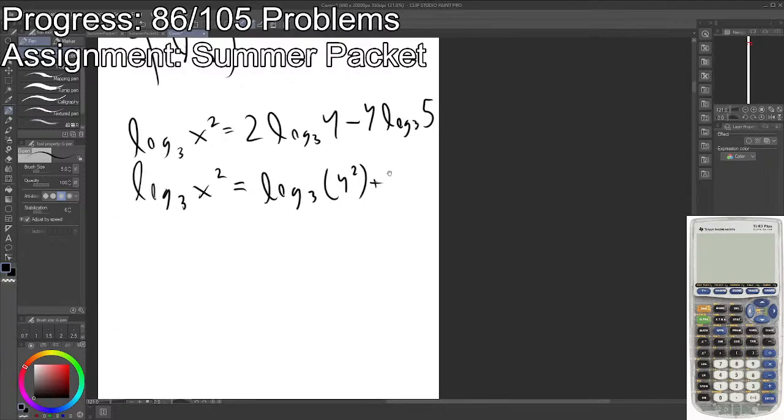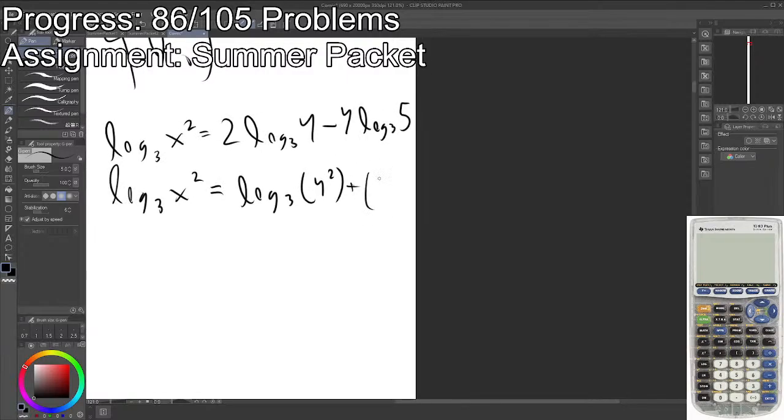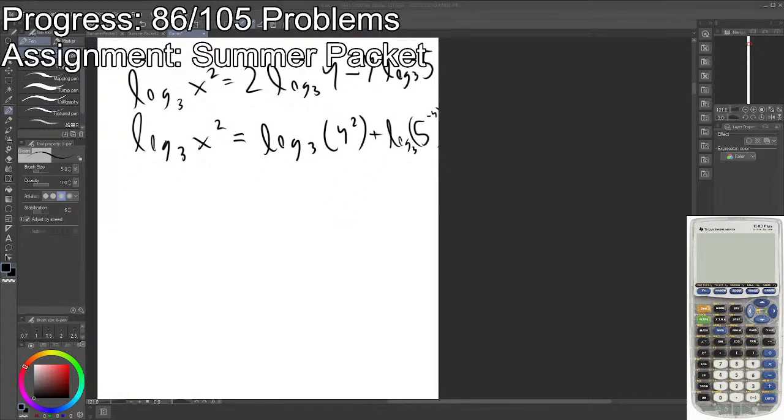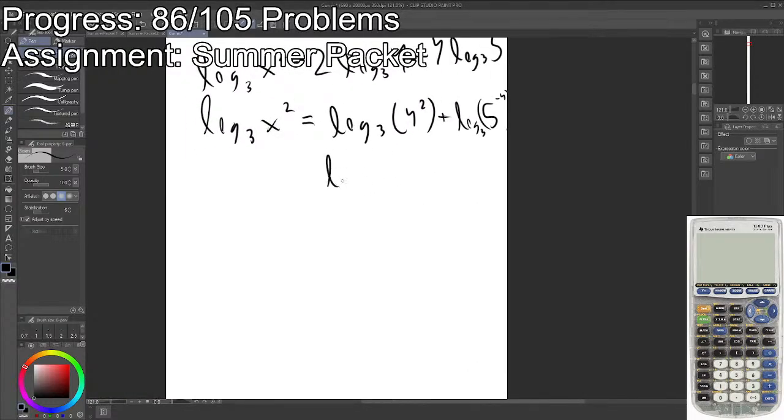So this would be plus log base 3 of 5 to the -4. Okay. Changes things. It's 5 to the power -4.